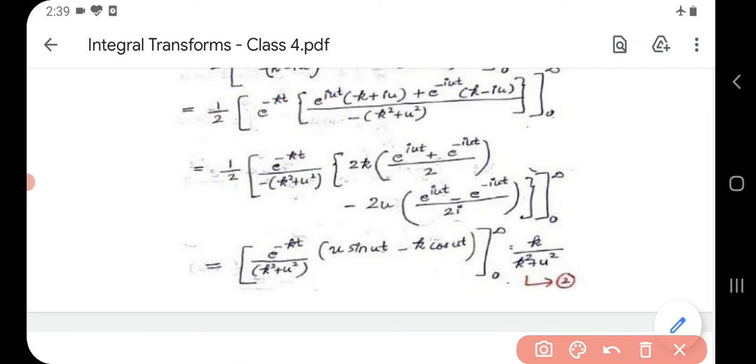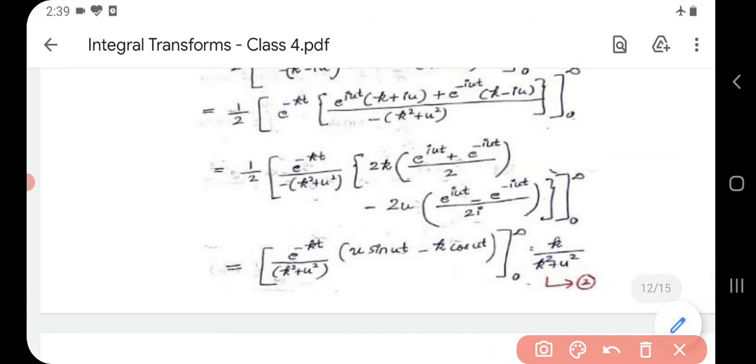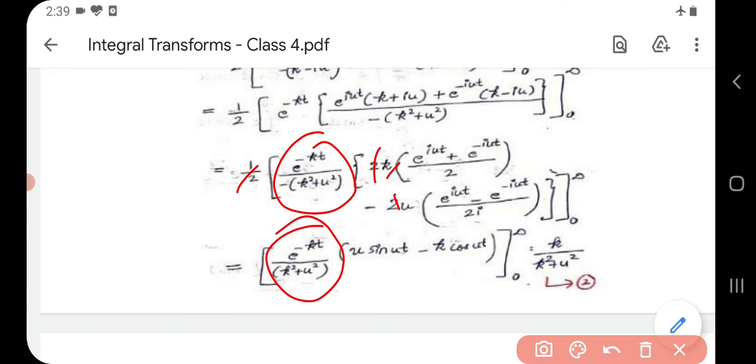So finally 2 and 2 will get cancelled. These two will get cancelled. Okay, so what is remaining is this one. It is written here. Then here what is remaining? K. This is actually cos ut, right?